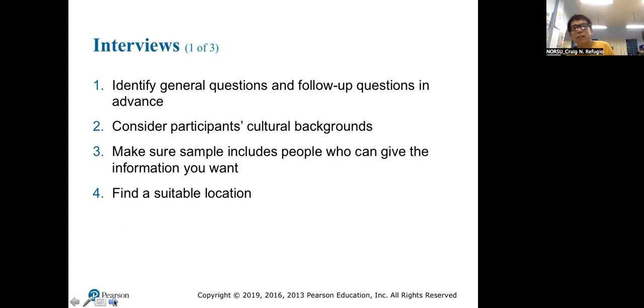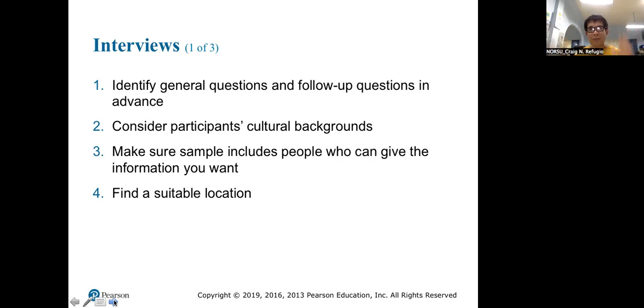Make sure the sample includes people who can give the information you want. That's the best thing to consider, because there might be cases where you're talking with people from whom you could not get data or information. Then find a suitable location. Of course, during interviews, the location would matter.